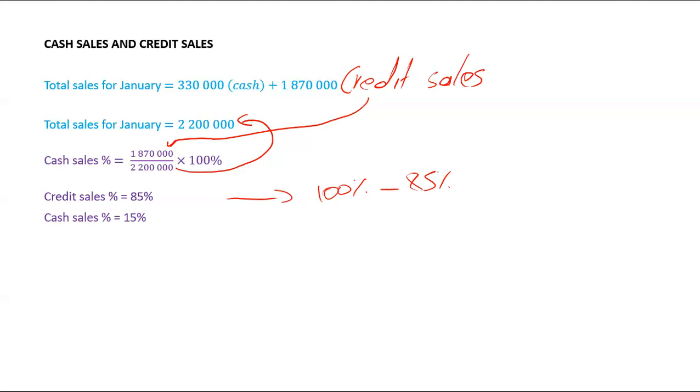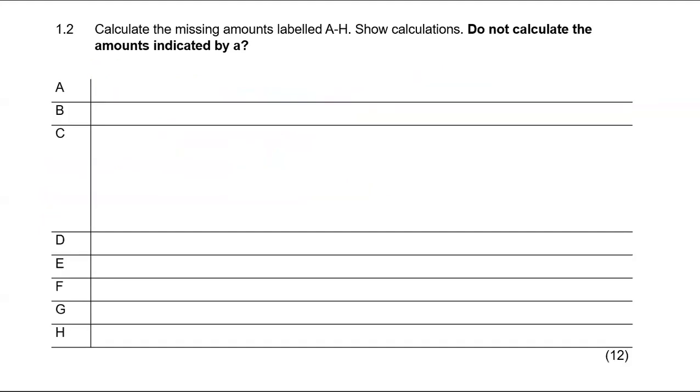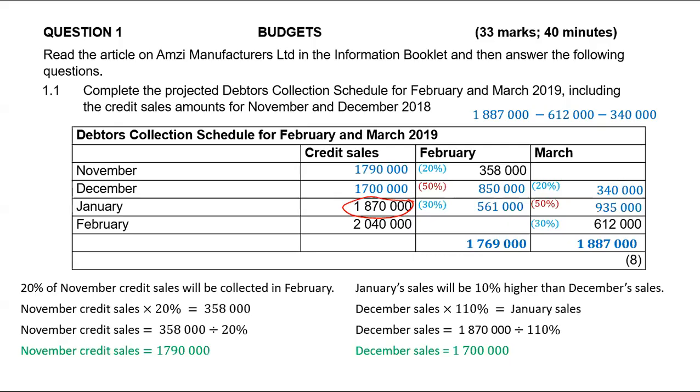Okay, let's calculate A now, since we know the percentage of cash sales as well as the percentage of credit sales. I will start by calculating my cash sales. Remember we're calculating for February, all right?